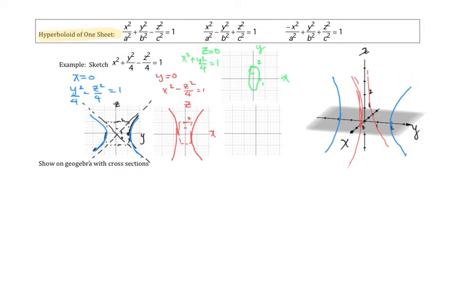So bringing that over to my three-dimensional graph on the floor, on the xy plane, in that gray plane there, we have an ellipse that's 2 units in each of the y directions and 1 unit in each of the x directions. Something like that.